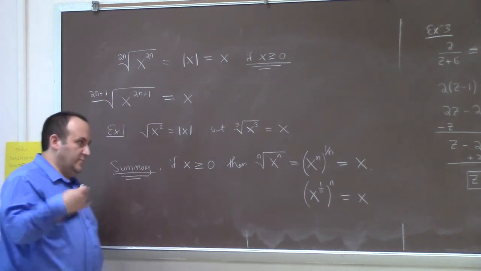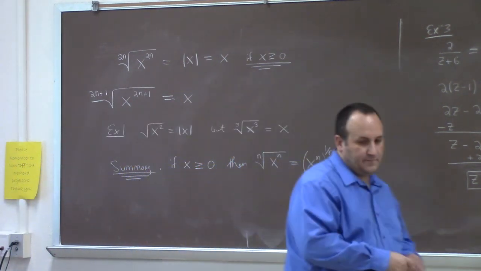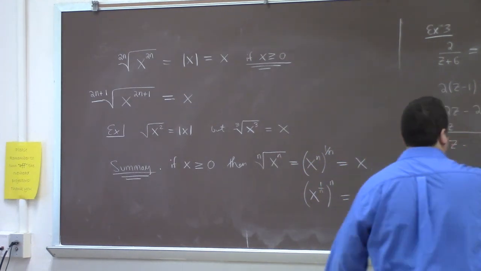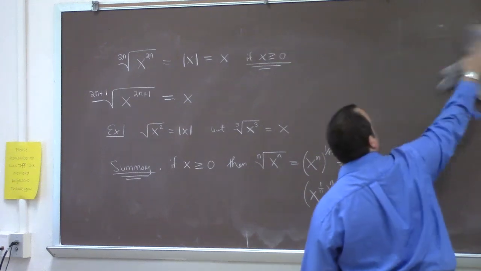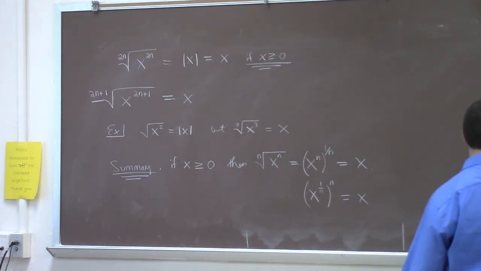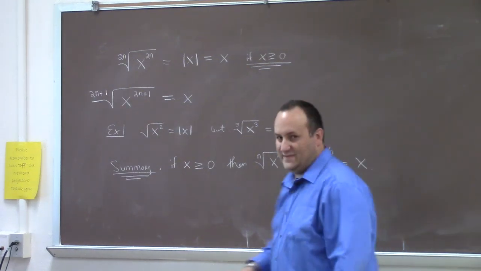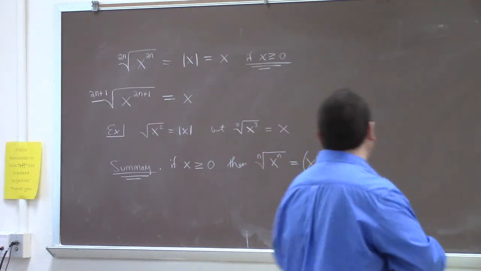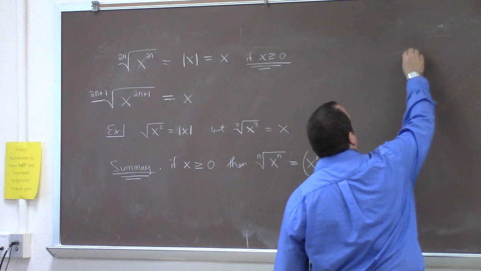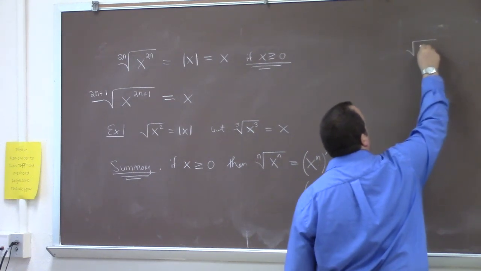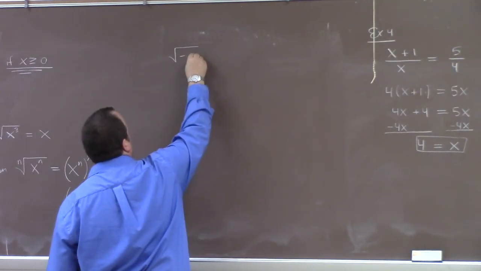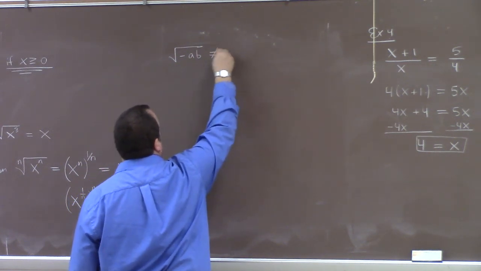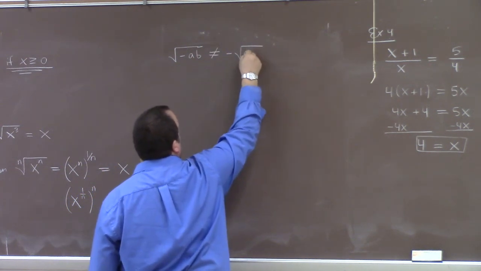Now, what more do I want to tell you? I want to tell you about how minus works. Well, yeah, a little bit. If we had the square root of minus AB, it's really not equal to minus the square root of AB.